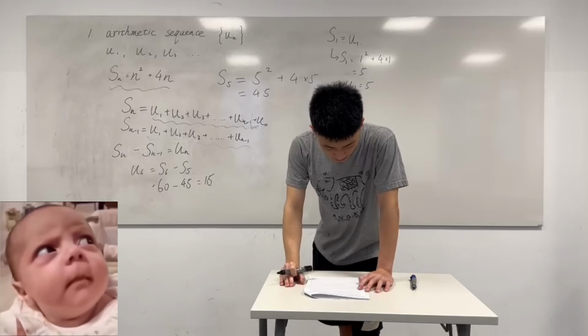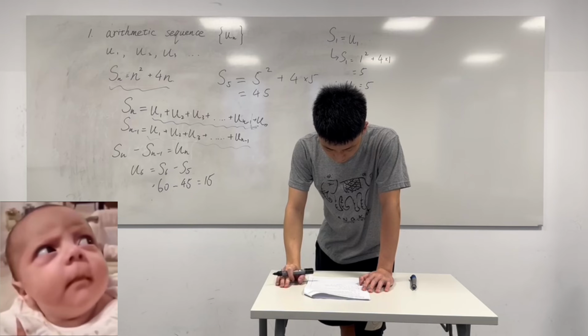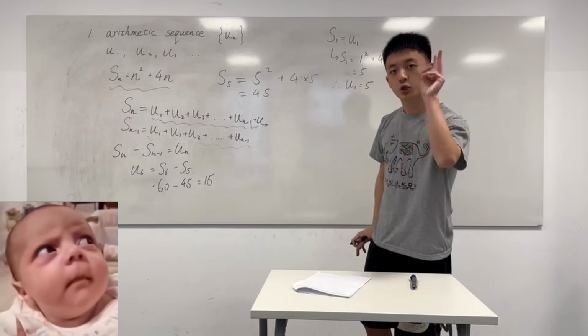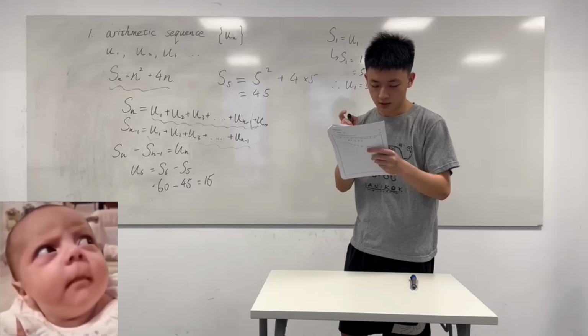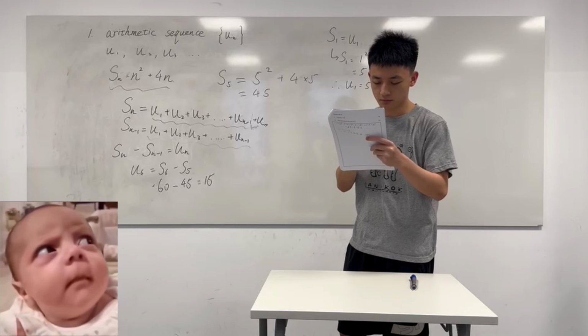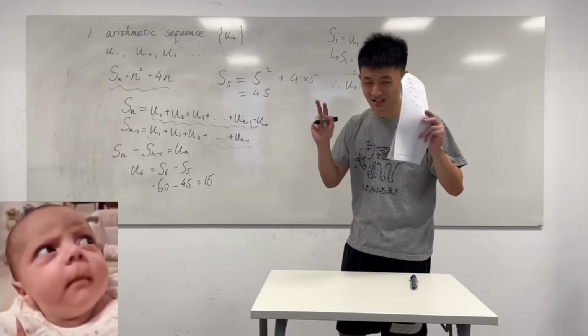Then question C. Hence or otherwise, write an expression for Un in terms of n. There are two ways to do that. First, let's do it by hence.